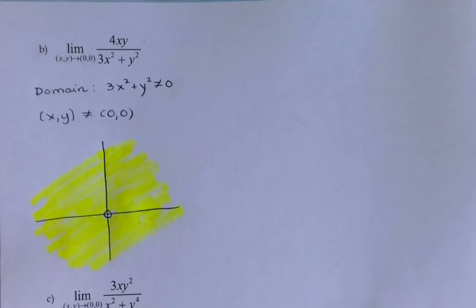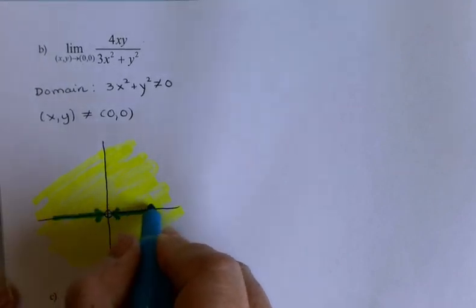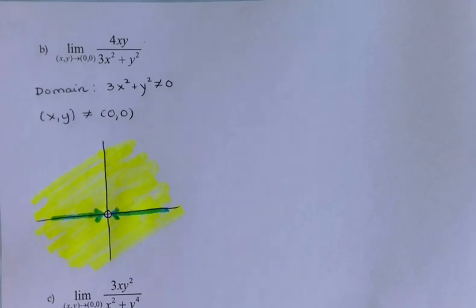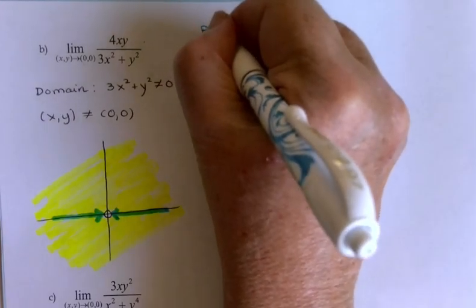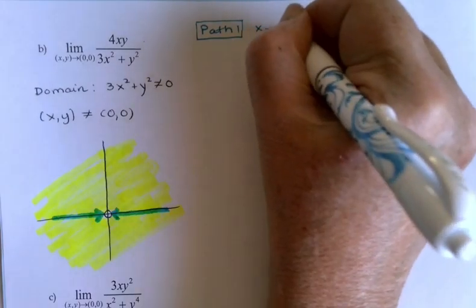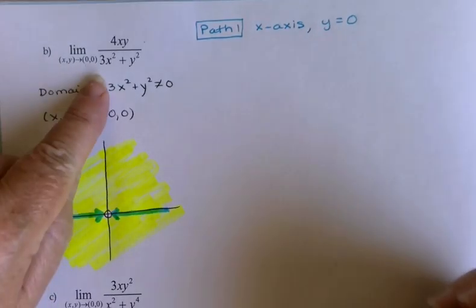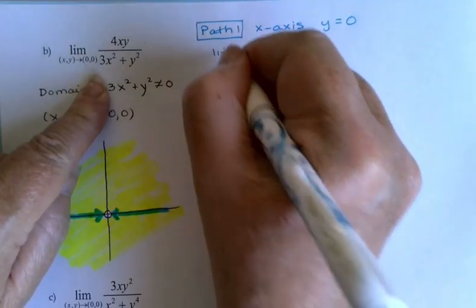It worked really well last time to try the x and the y axes, so let's do that again. Let's go ahead and start with the x-axis. I'm going to approach 0, 0 along the x-axis, so path 1. The x-axis, or y equals 0. Rewriting my limit.